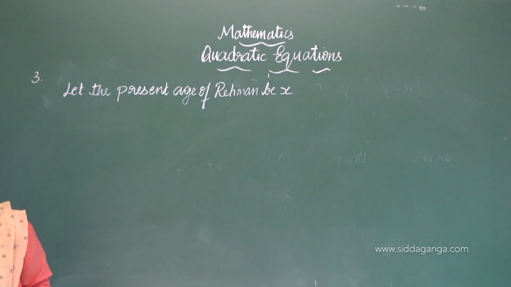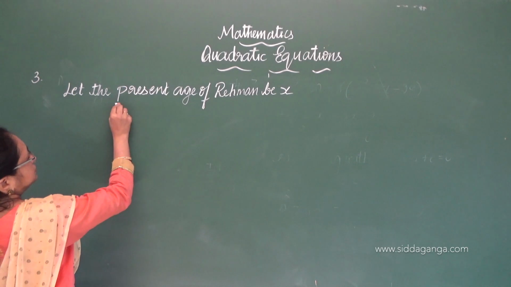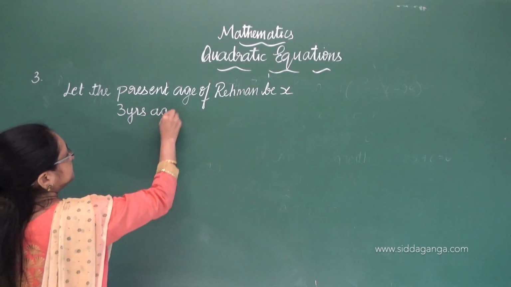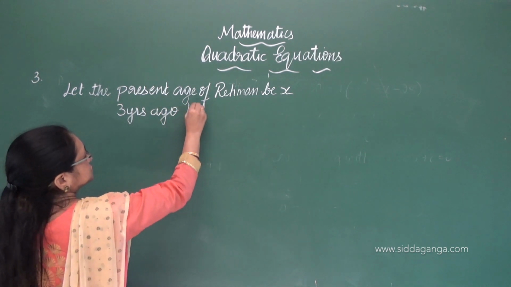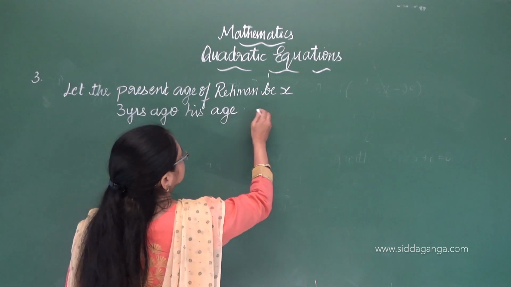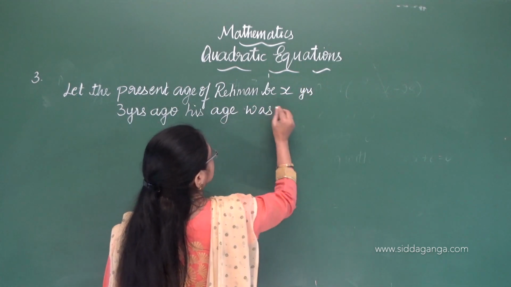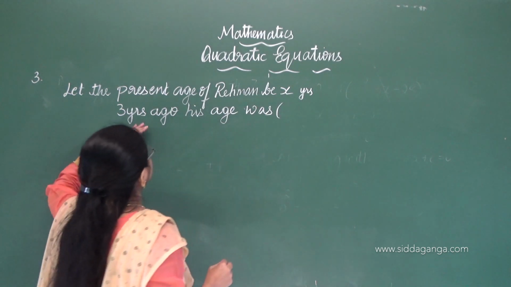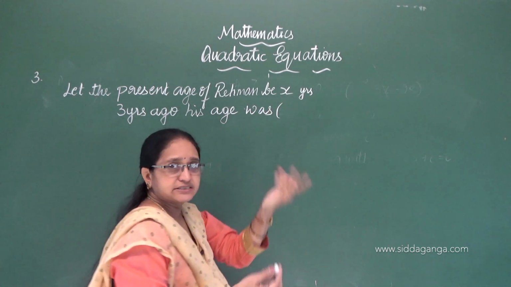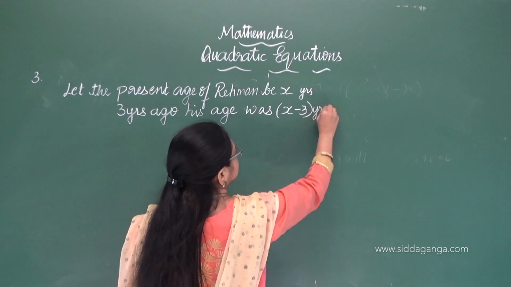So 3 years ago, his age was, so you can write years here. His age was 3 years ago means, you all know, 3 years less than the present age. So x minus 3 years.